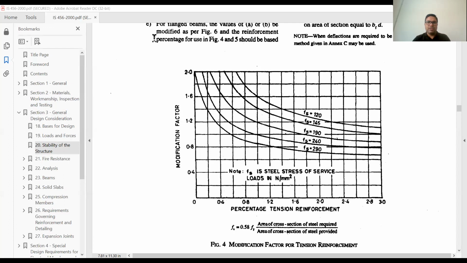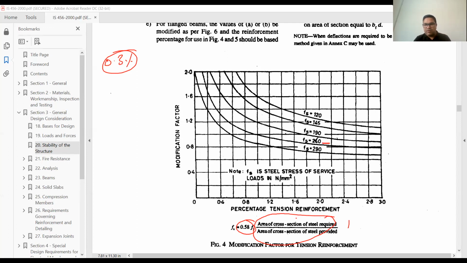If we assume the reinforcement is 0.3%, and if we consider that the area of steel required and provided is 1, then this value will be around 237 or 238, which will be just above this 240.